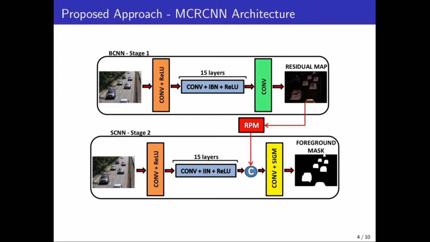The residual map is pre-processed by a residual processing module responsible for applying a multi-scale processing strategy to it to generate a feature that is concatenated to the feature maps coming from the SCNN.